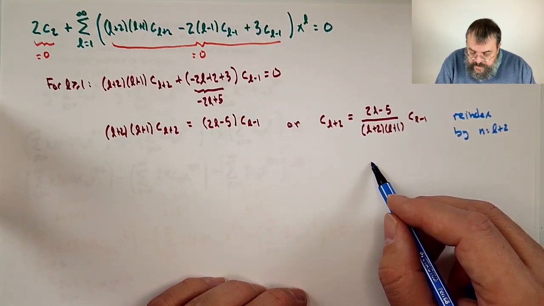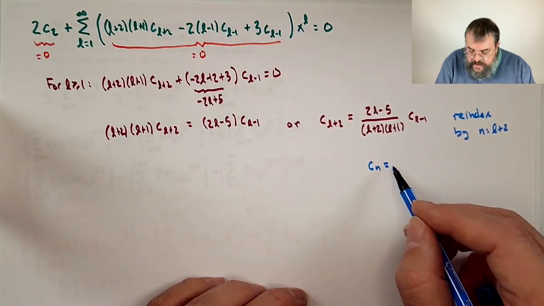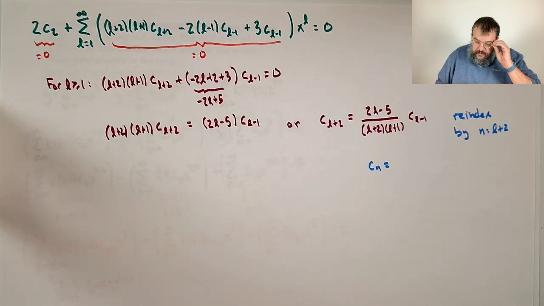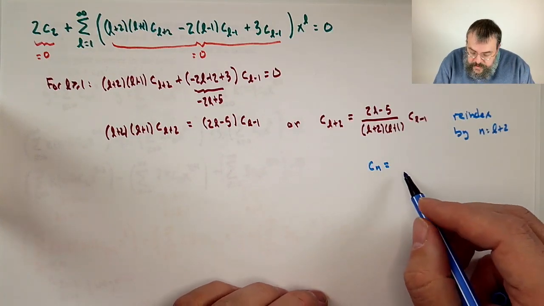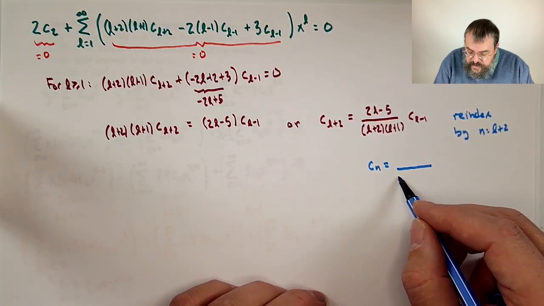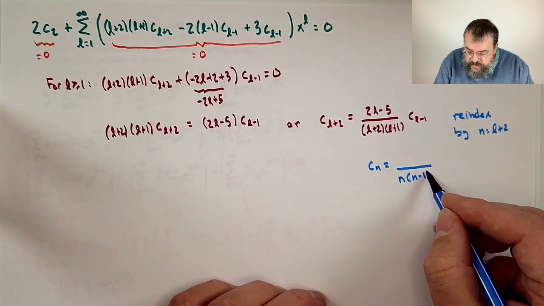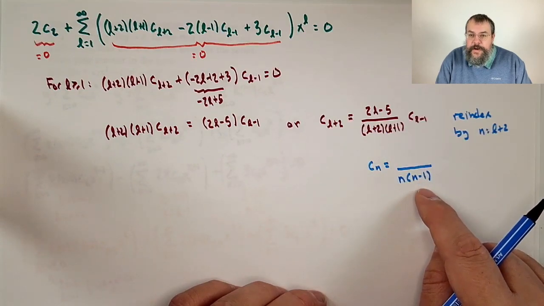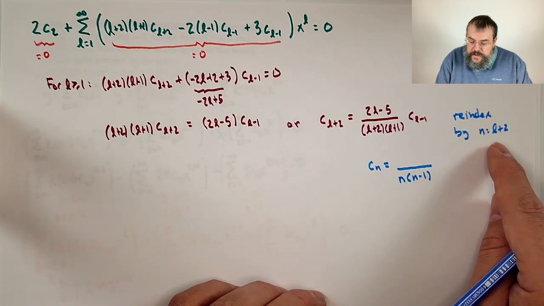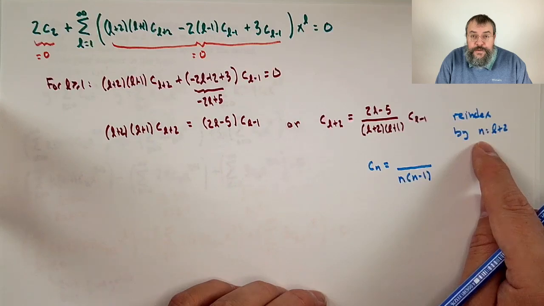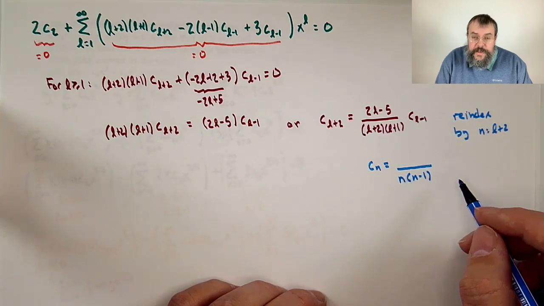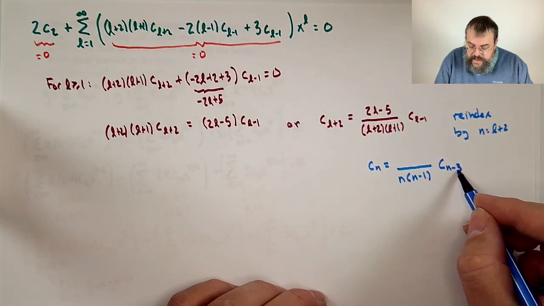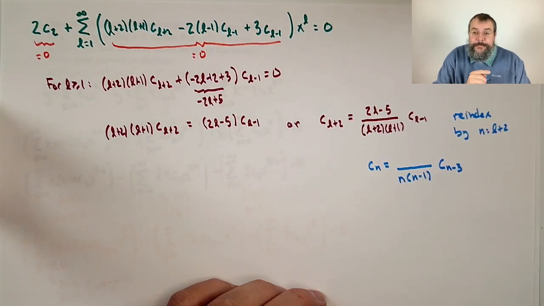So that becomes C_n equals, well, some of these are easier to compute than others. Because there's L plus 2, that's n, L plus 1, n minus 1. Now, if you think about this, L is n minus 2. So L minus 1 is n minus 2 minus 1. That says C_{n-3}. So we go back 3 terms.